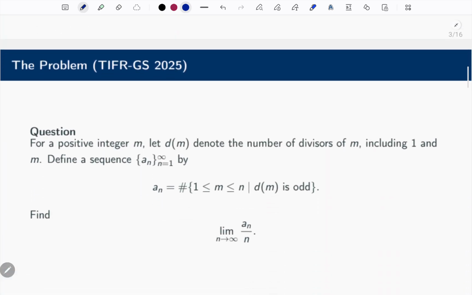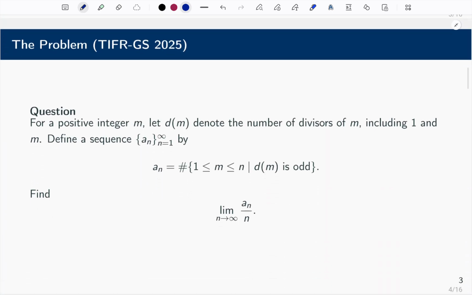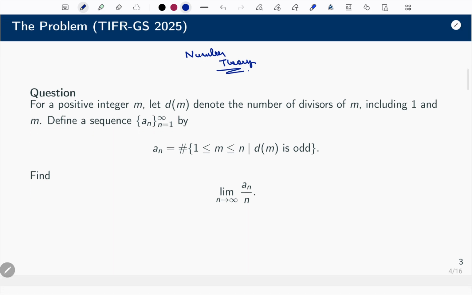So, this is a question from TIFR GS 2025, and this problem is on number theory. And the statement of the problem is as follows. For a positive integer m, let d_m denote the number of divisors of m, including 1 and m. If you have studied number theory, then you know that d_m is what we conventionally denote as tau m.